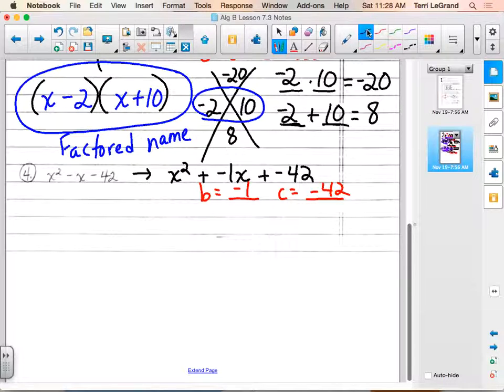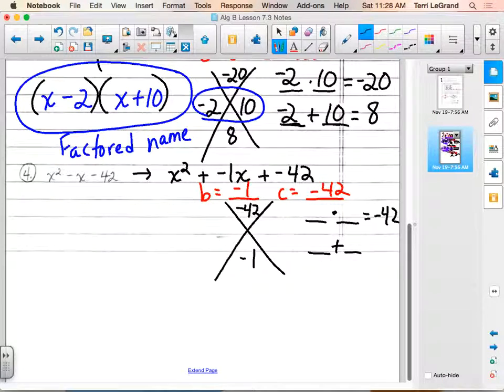It's like a little more challenging one. We need a diamond where negative 42 is up, negative 1 is down. So we're looking for what times what equals negative 42. And at the same time, those two numbers add up to negative 1. Okay, so remember our little thought process.